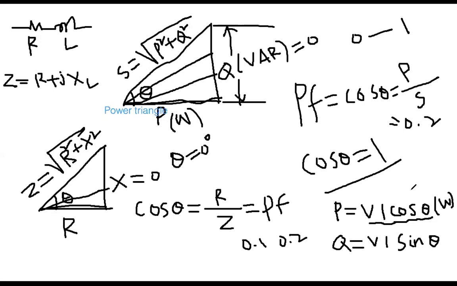Do you understand what I'm saying? Look at the equation: in AC, P equals VI cos theta. If your cos theta value is 0, then your power is 0. If it is 0.1, then it is reduced 10 times. If you go upward, like 0.2, then 0.3, and maximum value is 1, only then your P will be VI.